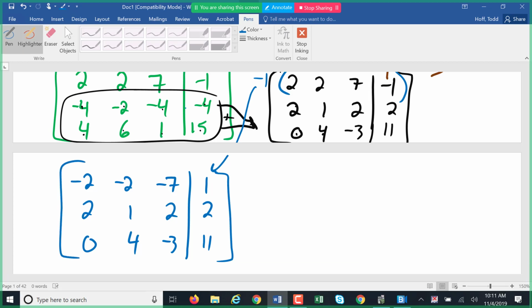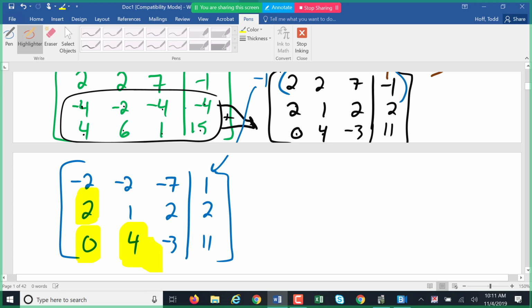Now you'll notice I got a 0 here in this row. What I'm attempting to do now is get a 0 here in the second row. Until I have two rows where I have a 0 in the same spot, I really can't work on getting a second 0, because whenever I try to 0 one out, the other number is going to add up, and that one won't be 0 anymore.